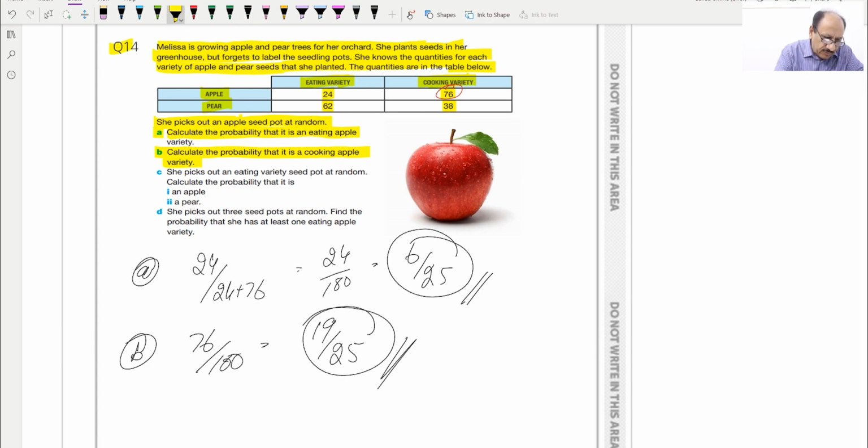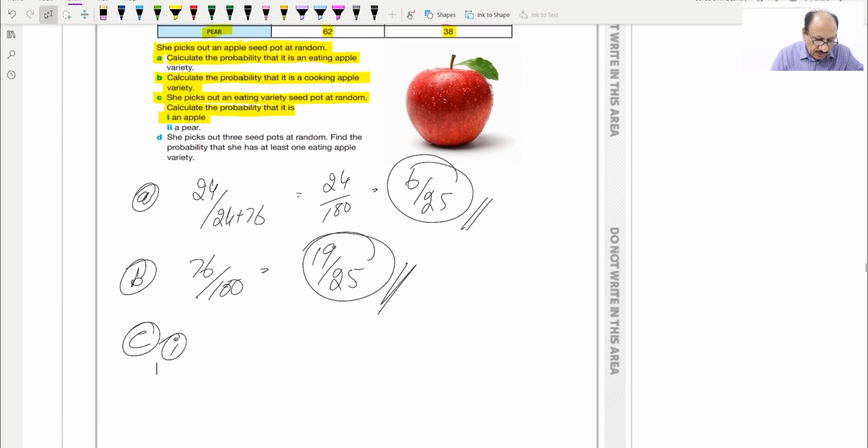Now we can go for the C part, and the C part says she picks out an eating variety seed pod at random. Calculate the probability that it is an apple. So we will solve the first part first. So C(i), it's an apple, will be 24.